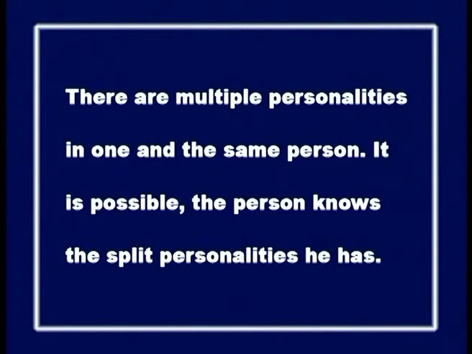Let me add that dichotomies exist in all of us. Whether we like it or not, most of us are either dual or multiple. There are multiple personalities in one and the same person. It is possible the person knows the split personality he has.